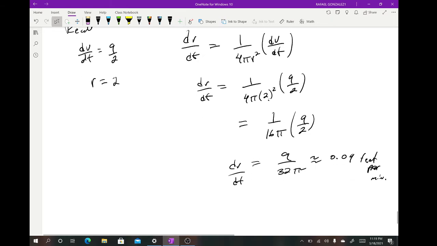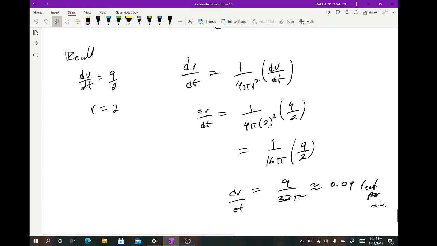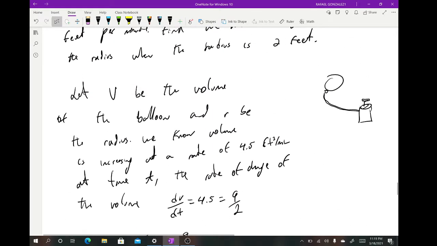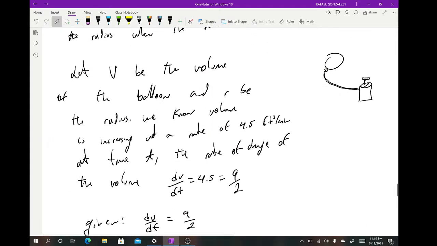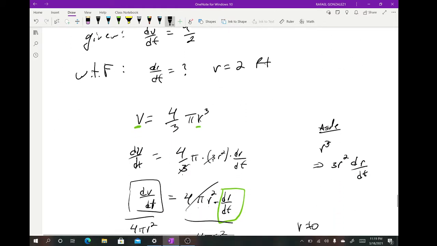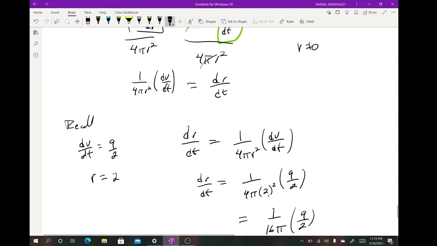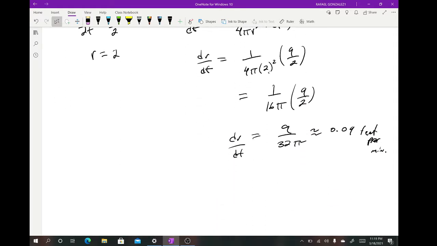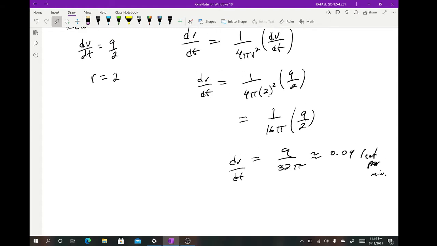Okay, one thing to notice here is that the volume was increasing at a constant rate. We were told that the volume was increasing at a rate of 4.5 cubic feet per minute, whereas the radius is actually not increasing at a constant rate. The radius is increasing at a rate that varies, and it varies based on the radius.